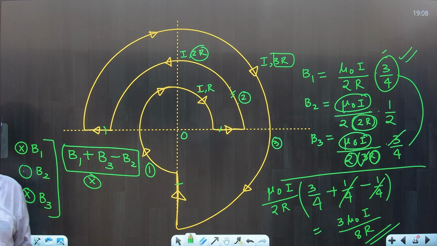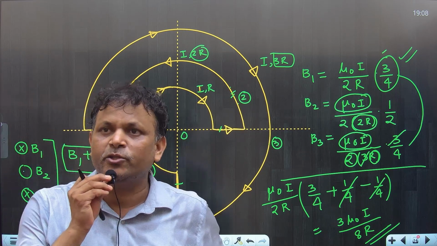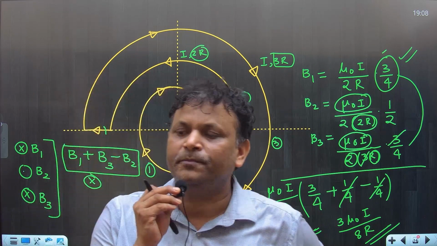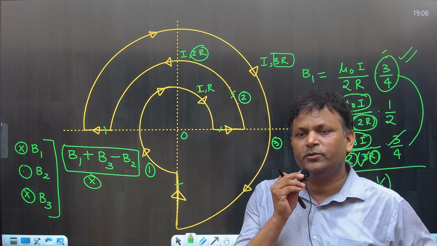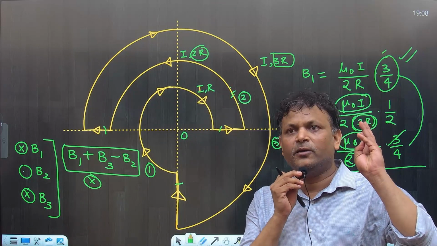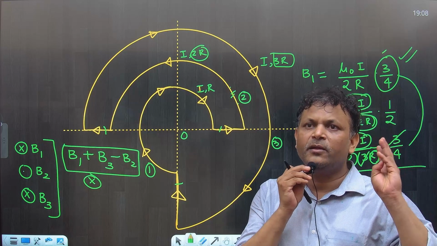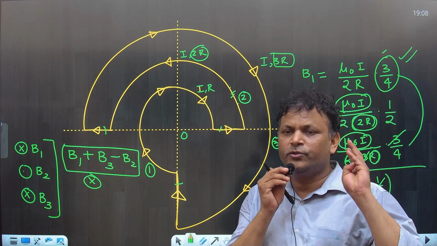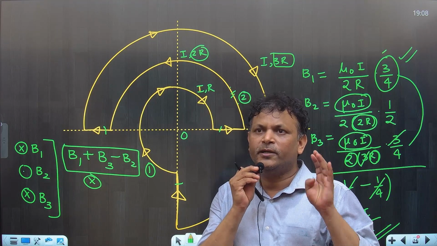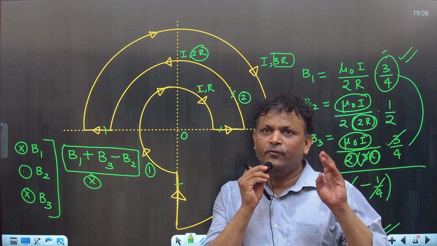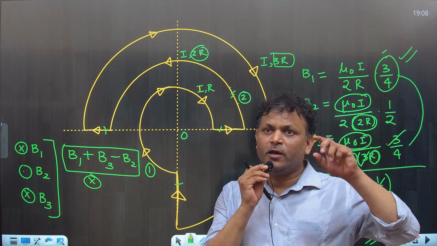This was a very important problem, and I suggest you pause the video and do it by yourself. First, you should know the formula for magnetic field. Second, use the right value of radius. Third, know the direction of the magnetic field. Fourth, use the right fraction.